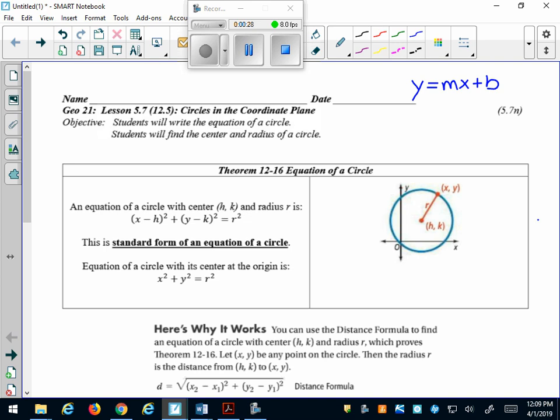And it's the equation of a what? Like if you graphed it, what would it look like? A line. Right. So it is a linear equation, called a linear equation because it graphs a line.